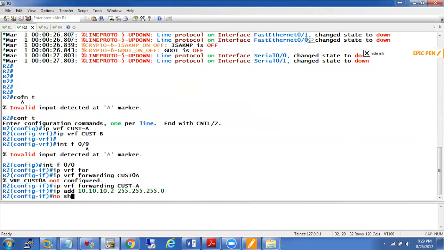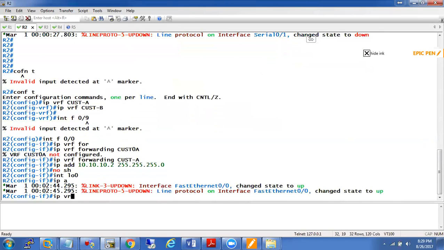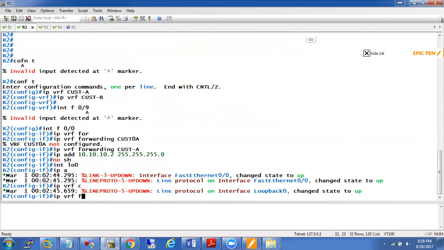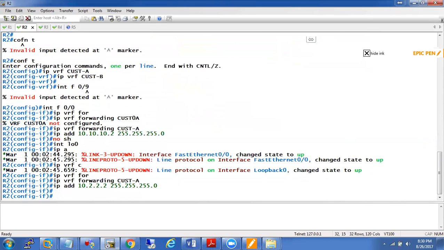Okay, no shut, interface loopback 0, ip vrf forwarding cost A, 10.2.2.2. Notice I created the VRF inside the loopback interface under the VRF cost A.